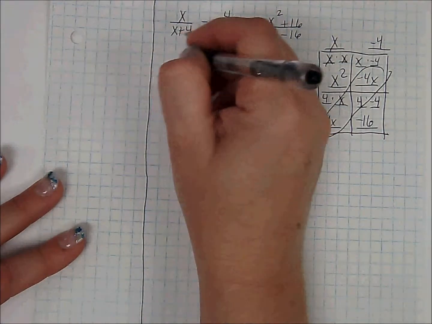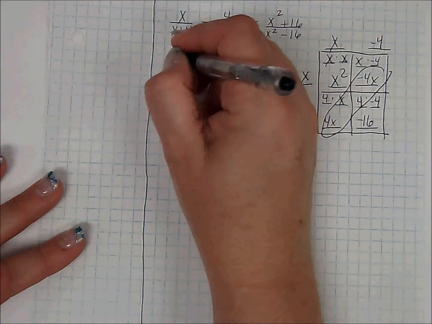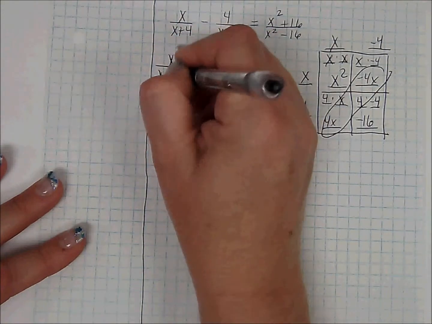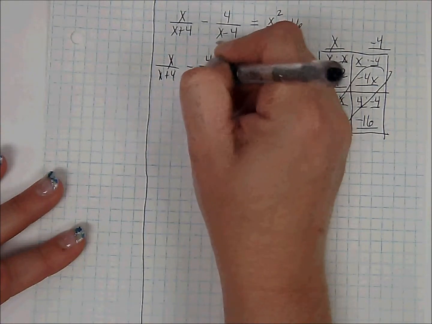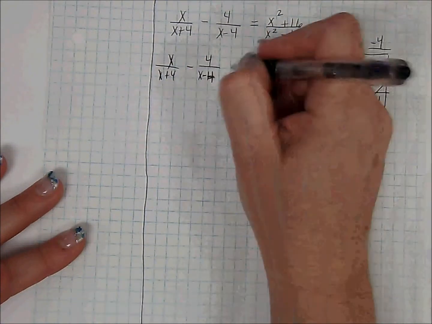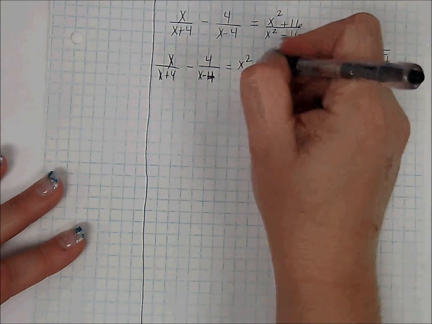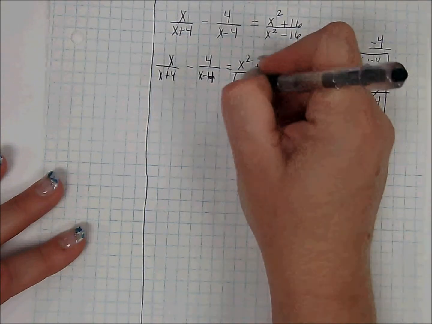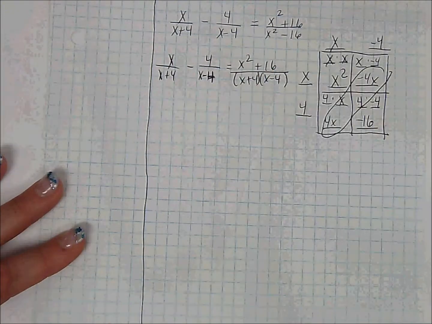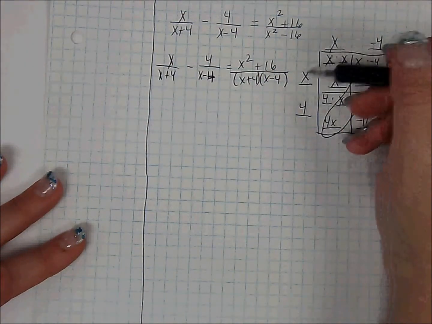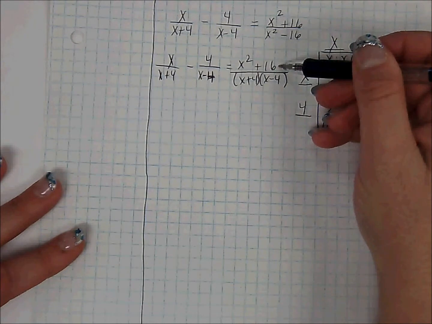So I'm going to rewrite this: x over x plus 4 minus 4 over x minus 4 equals x squared plus 16 over x plus 4 and x minus 4. Now I cannot factor x squared plus 16.